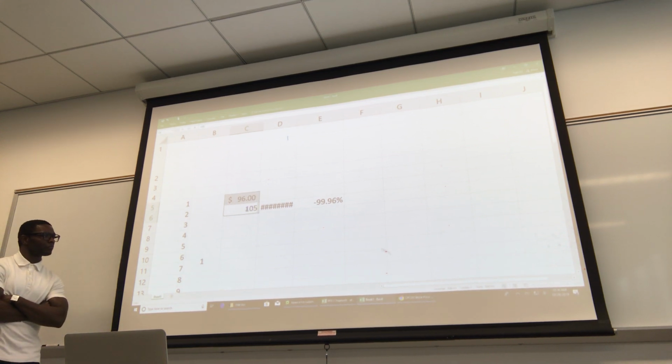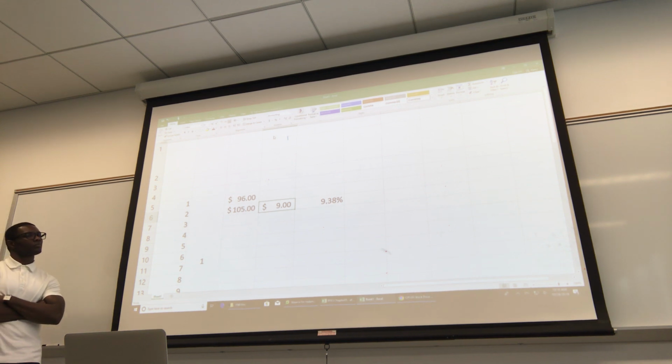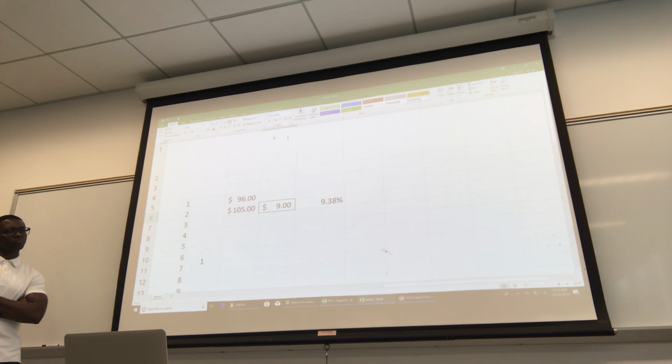Now the price is $105. What is happening? The nominal comparison is on the same level of measurement that we have. The price went up by $9. The price went up by a given percentage.